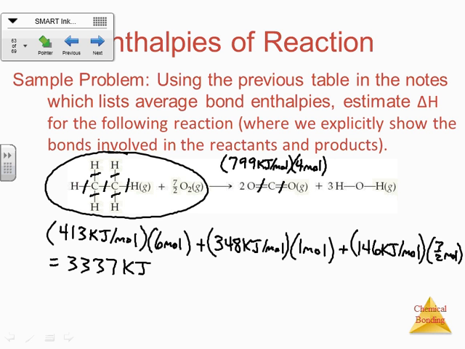Everybody follow on that? Okay. Plus, on the water, we have to break 2 oxygen-hydrogen bonds. But again, since this is 3 moles, it's going to end up being 6 oxygen-hydrogen bonds. So oxygen-hydrogen is 463.